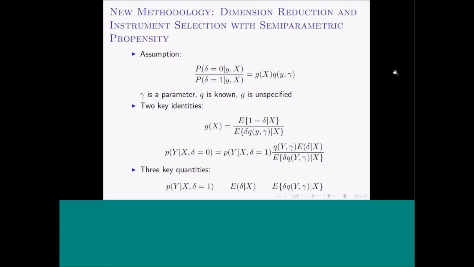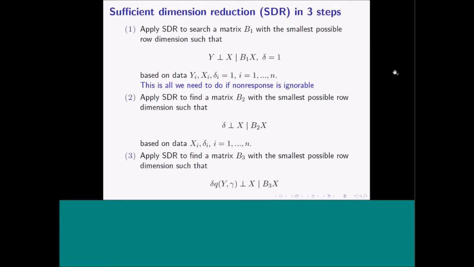Hopefully their dimension is not so large, so that when I combine them, it's not a huge set. That's the key motivation of our work.